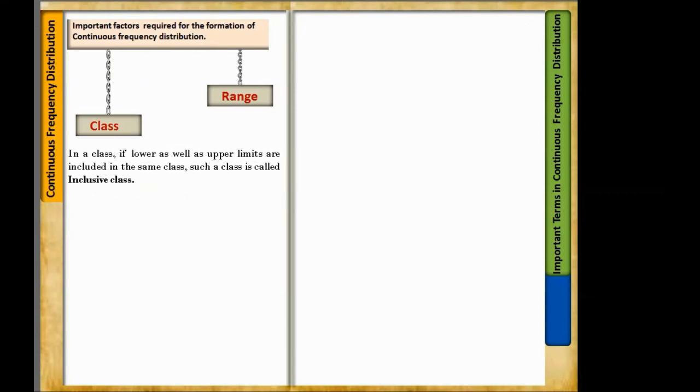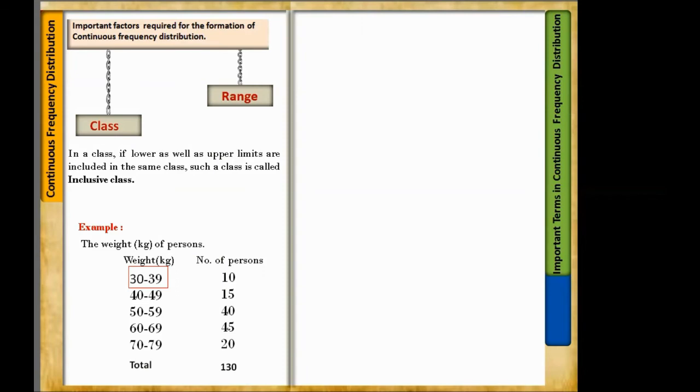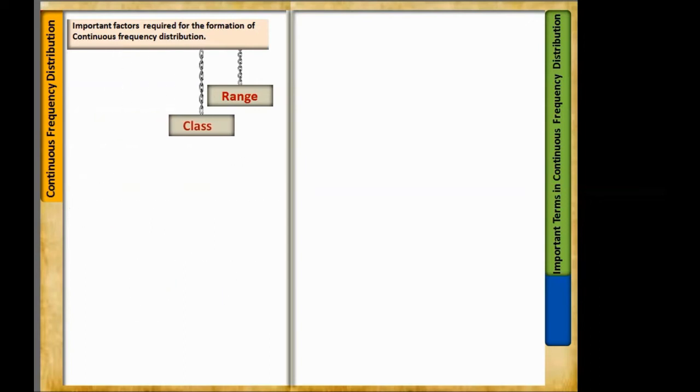In a class, if lower as well as upper limits are included in the same class, such a class is called inclusive class. Here, upper limit of a class is not equal to the lower limit of the next class.